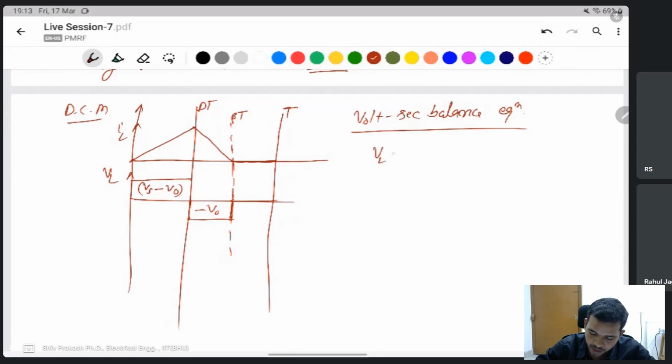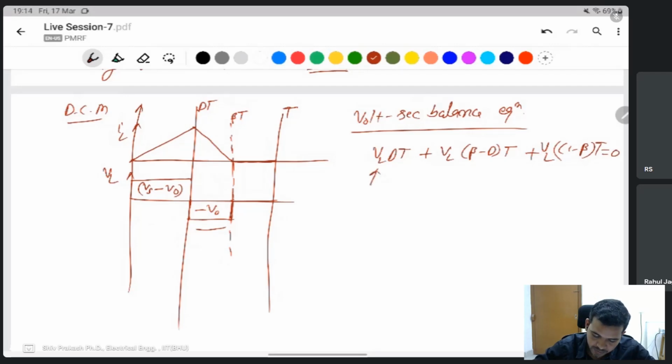It means on-time voltage times D T, plus off-time voltage times (beta minus D) T, plus the remaining time, T minus beta T, which means (1 minus beta) times VL, is equal to 0 over the total time period.